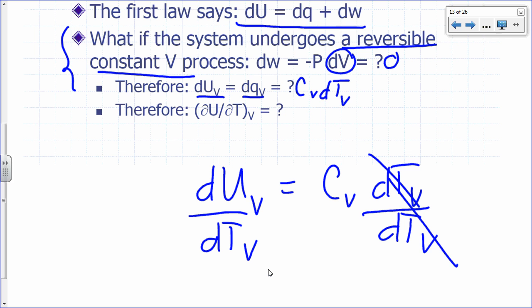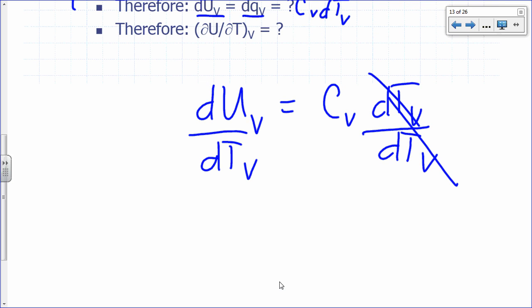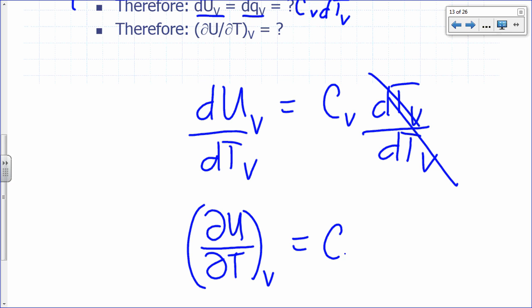But since we're really dealing with two independent variables here, instead of using a full derivative, you have to use a partial derivative. So we say then that the partial derivative of U with respect to T at constant V is in fact equal to Cv. So now we got a partial derivative involving U that we can relate to something we can easily measure in the lab, Cv. Okay? How do you measure Cv in the lab?